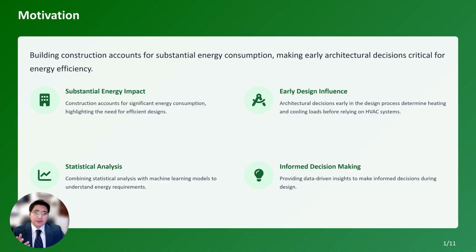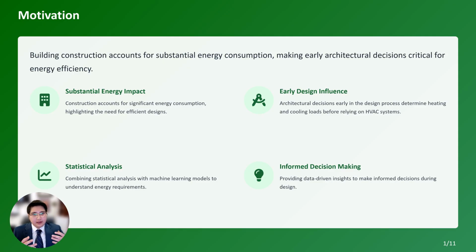So the main goal of this project is that buildings consume a substantial amount of energy. And if we take a look around, we can see that we have more constructions of different types of buildings that serve different purposes, such as business or residential.